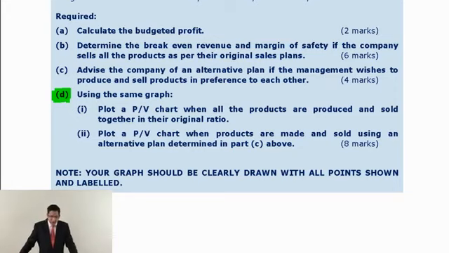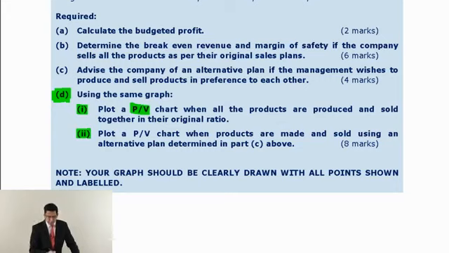Okay, so using the same graph, requirement 1, plot a profit volume chart when all products are produced and sold together in their original ratio, meaning when pins, nums and needles were sold as per the original plan.